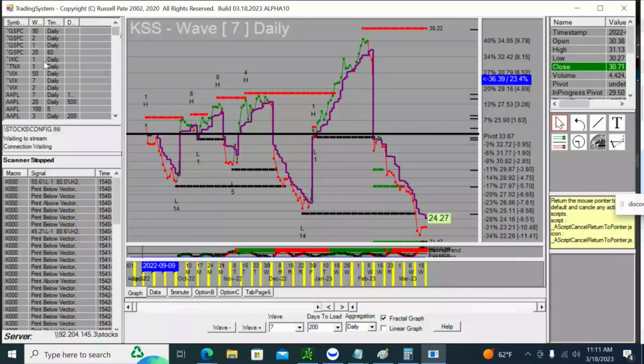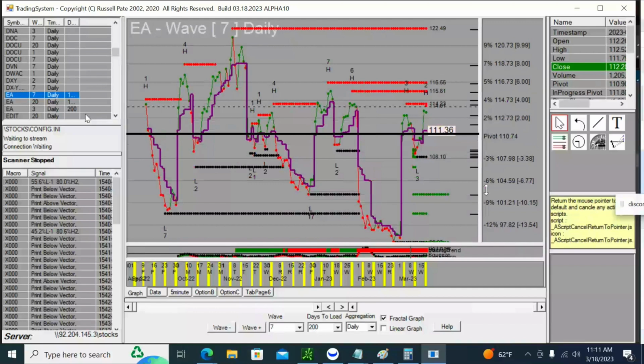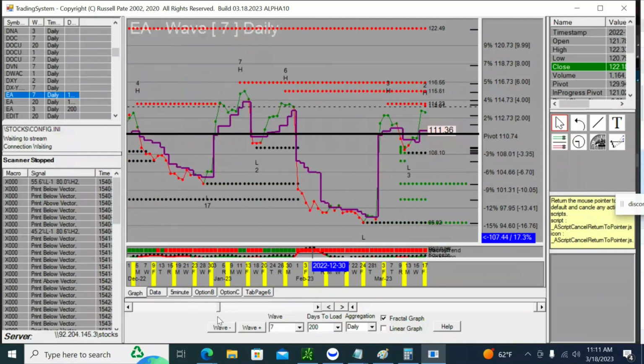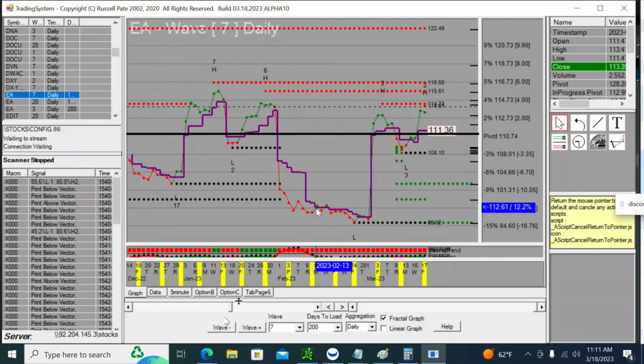Oh, and here was, let me pull up EA. We're waiting on this one forever. I took it out of my watch list because I was so tired of watching it. It was way down here. I kept waiting and waiting for it to pop. Finally, it did. I gave up on it. It seems like we were watching it down here.